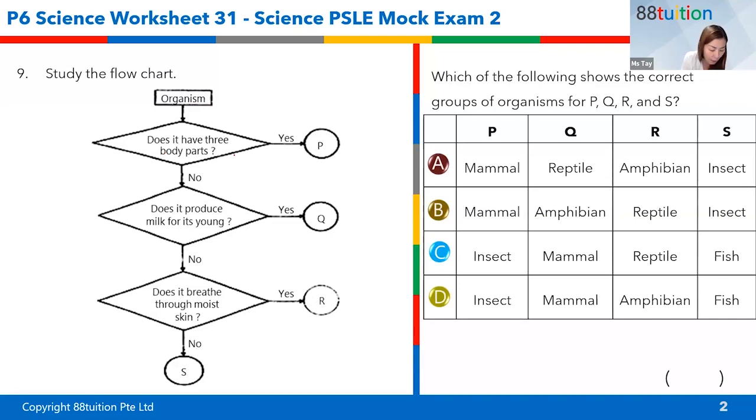Yes and no. So if it's a yes, it's organism P. Which organism do you remember? Okay, has these 3 body parts. You can type into the chat. Very good. So what are the 3 body parts that you remember for this organism?